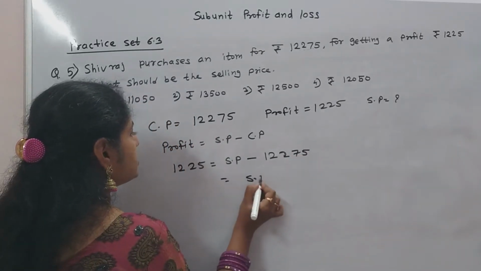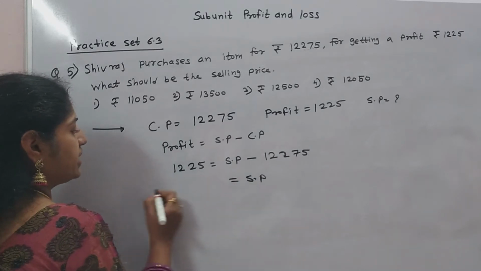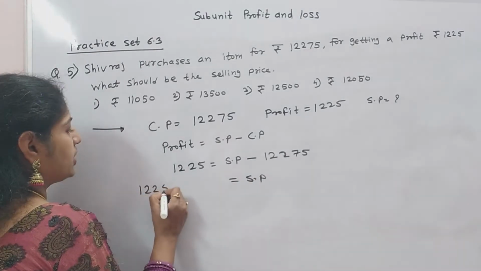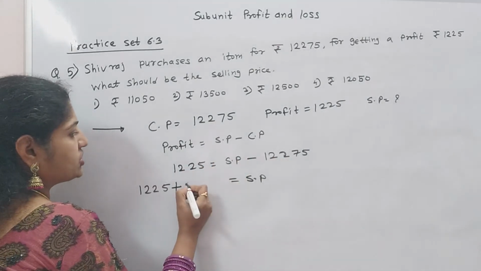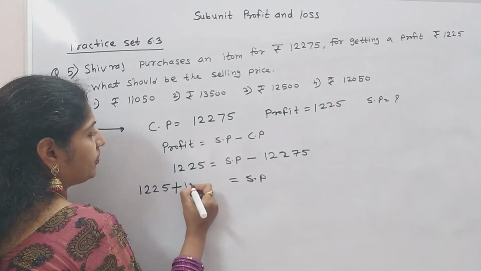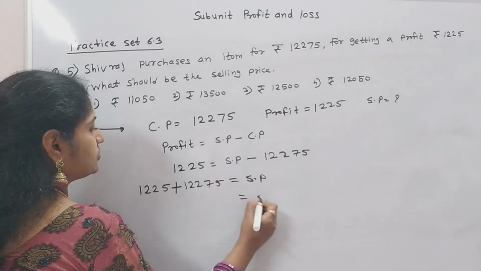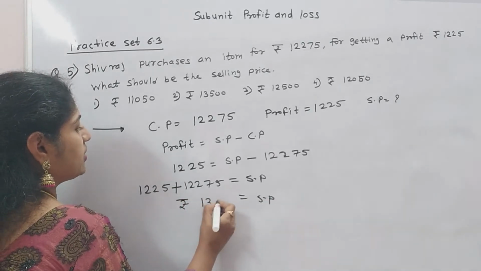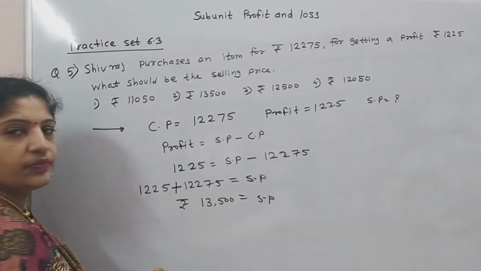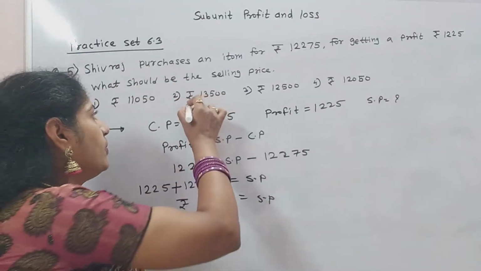So selling price equal to this, minus on the left hand side becomes plus: 12,275 plus 1,225. So our answer is rupees 13,500. Answer is 13,500. Option number 2.